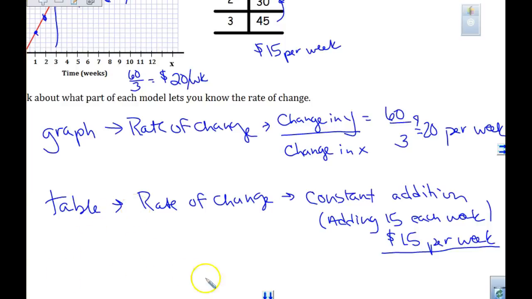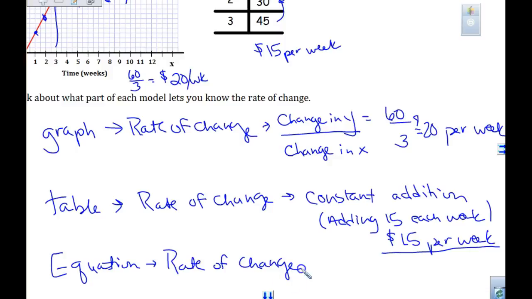And then in an equation, okay? So you got all that white space, you can go down onto that white space below. In an equation, how are we finding the rate of change? Anytime I look at the equation, we've used the word coefficient before. It is the coefficient of the variable.